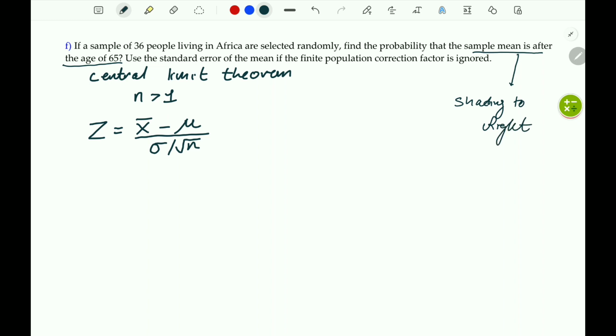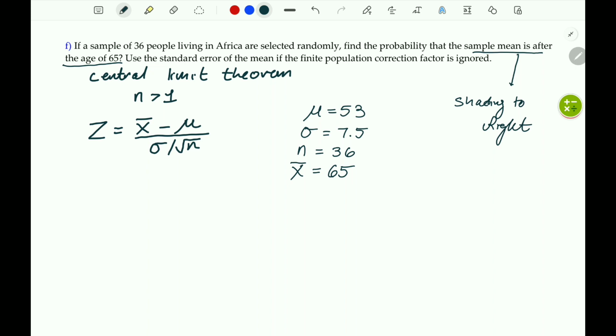So, we know that the population mean is 53. We know that the standard deviation is 7.5. This time, we have 36 people we're looking at, and the sample mean will be after the age of 65.